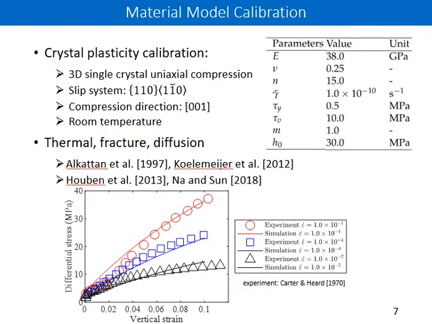The crystal plasticity model is calibrated against the uniaxial compression experiment of single crystal rock salt. The other material parameters related to thermal expansion, fracture, and interfacial diffusion are obtained from the literature.